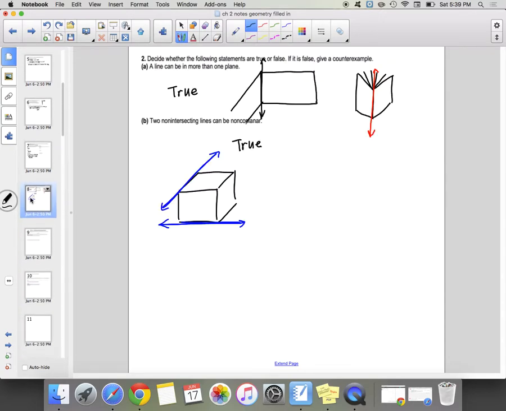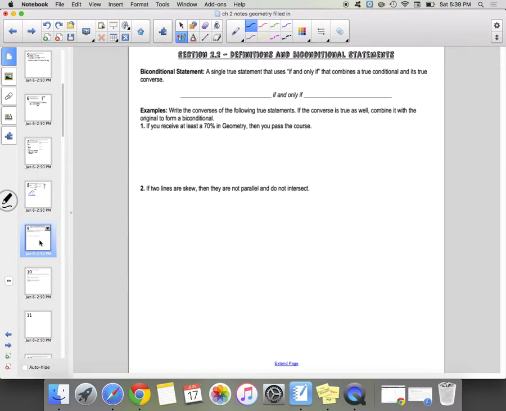All right, so let's see if there is some more in section 2.2 that we need to go over. So a biconditional statement is a single true statement that uses if and only if that combines a true conditional and also its converse, but only when the converse is also true. So it says write the converses of the following true statements. So if you receive at least a 70% in geometry, then you pass the course.